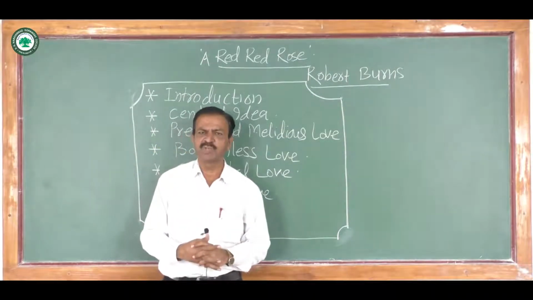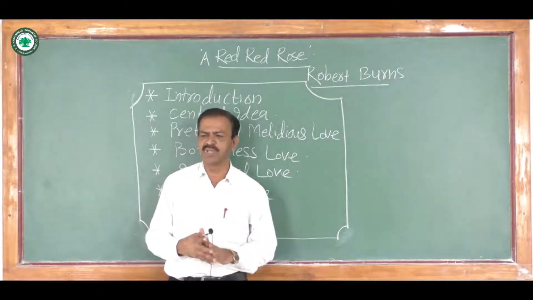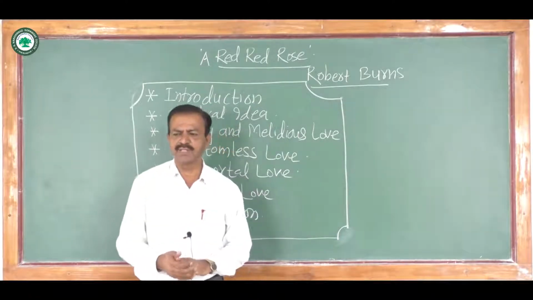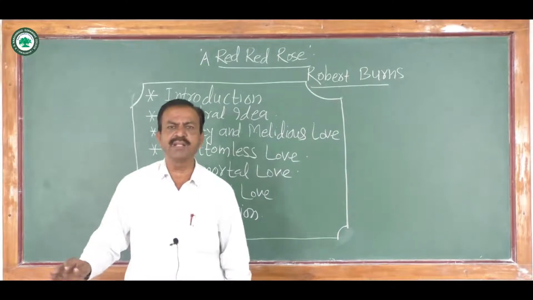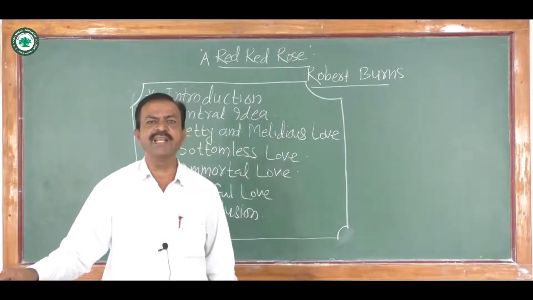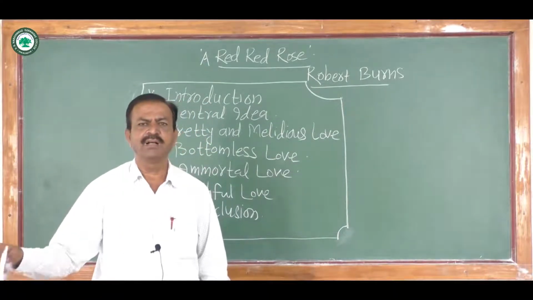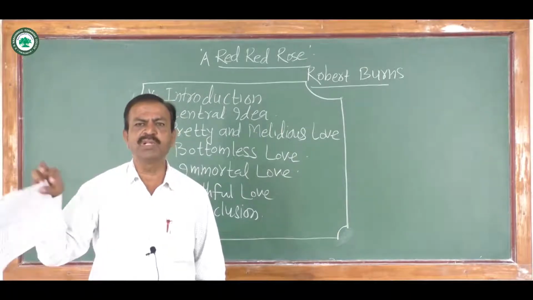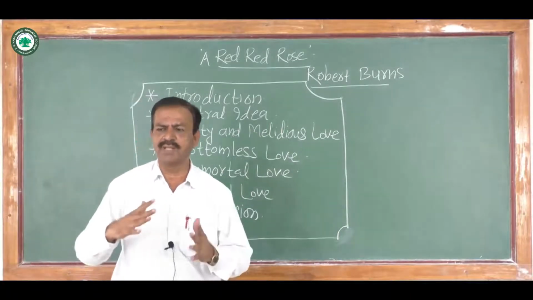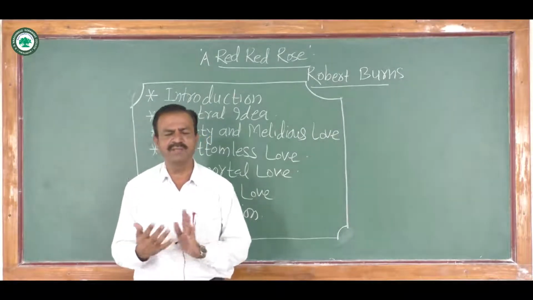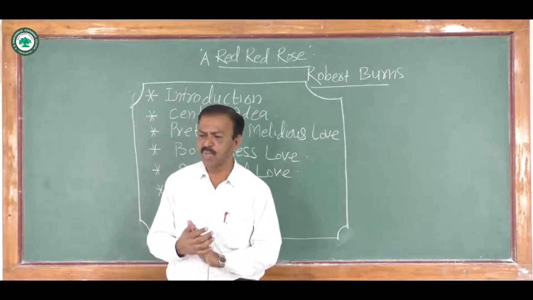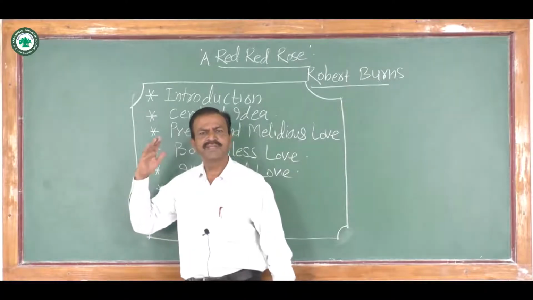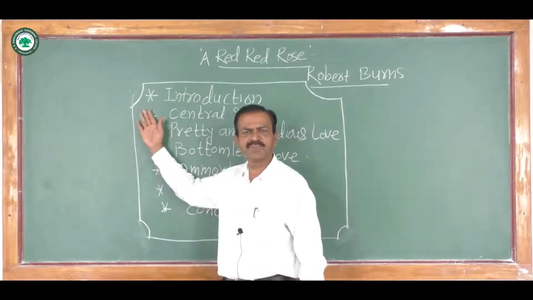Unfortunately, this famous universal poet had a very short life, and he died when he was 37. Due to a heart problem, he died very soon. Okay, now the second point. Here the first point ends.